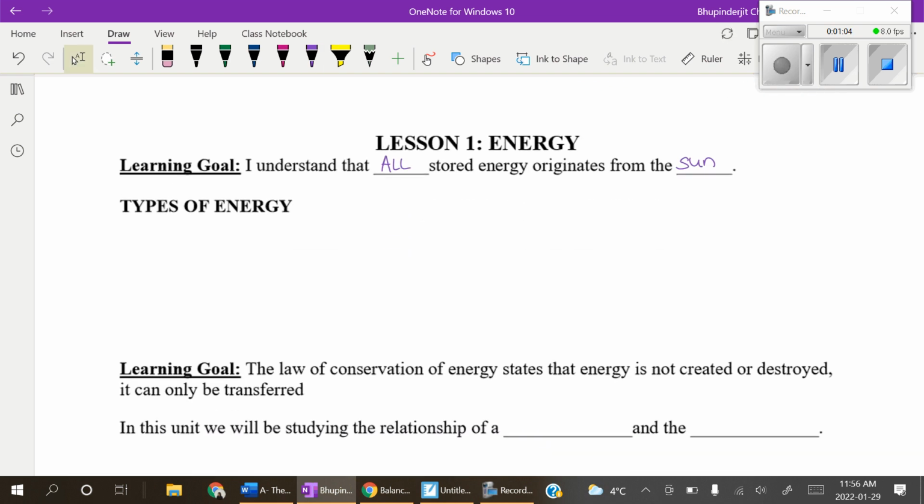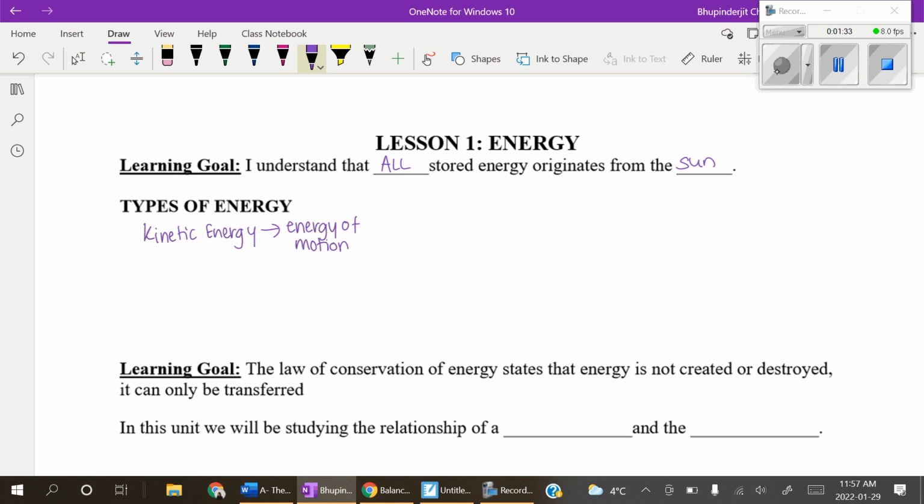In this particular unit, we're going to be looking at two types of energy. The first one is the kinetic energy. Now, this we've always defined it as the energy of motion.